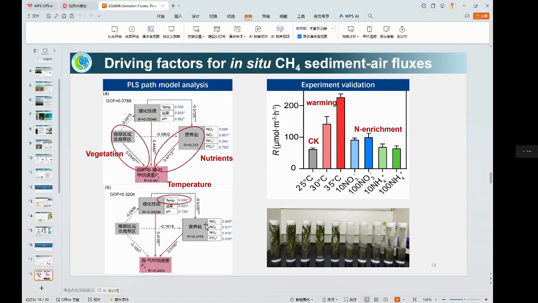PLS path model analysis shows that temperature, seagrass vegetation, and nutrient concentrations are the key factors controlling the in situ methane fluxes. And the short-term lab incubation verified that warming clearly enhances methane emission from seagrass beds.